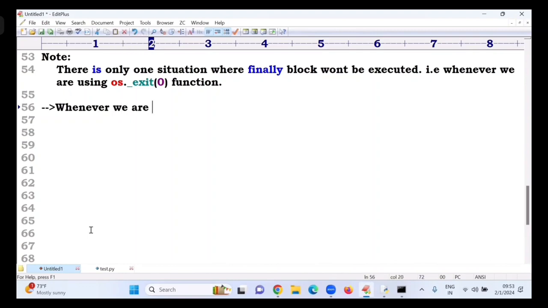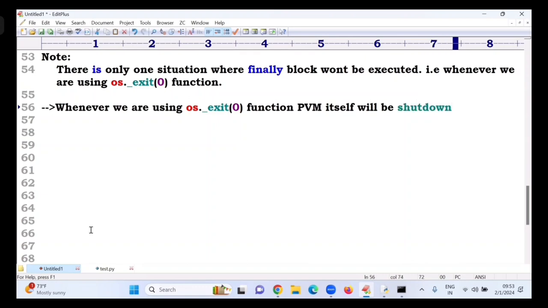Whenever we are using os._exit of 0 function, Python virtual machine itself will be shut down.